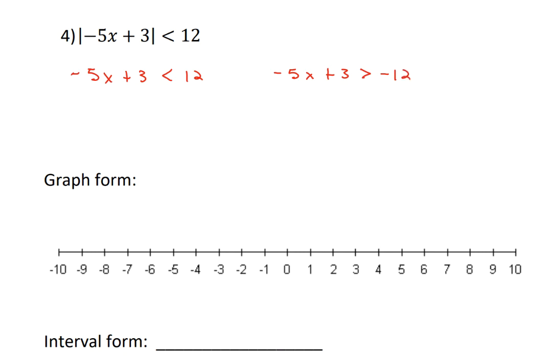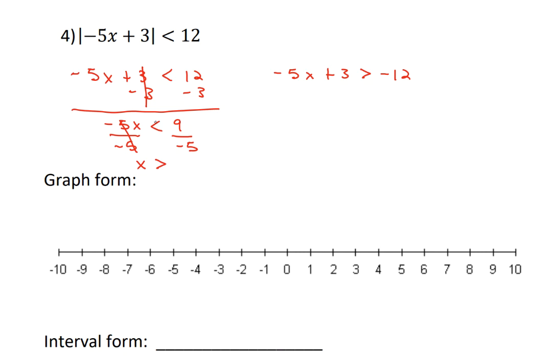Okay, so when we go to solve this, we want to isolate the variable, so we're going to subtract 3 from both sides, and we get negative 5x is less than 9. Then we divide both sides by negative 5, but anytime we're dealing with an inequality, if we multiply or divide both sides of the inequality by a negative number, we have to flip the inequality symbol.